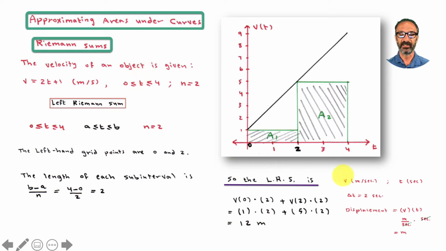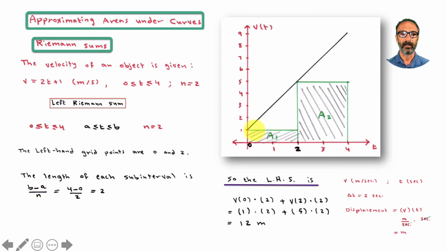So this is a great example to start with to understand left Riemann sum. And why do we care about areas under graphs or curves? Because areas as x and y maybe don't make much sense, but here it shows that the area under a graph of velocity from 0 to 4 in this example gives me the displacement.